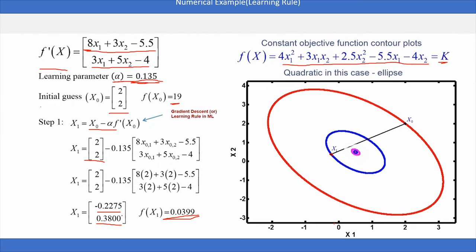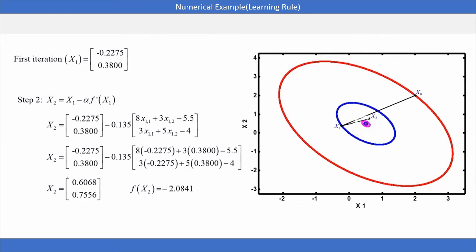For that, my next coordinate will be the same as I considered in the previous one: minus 0.2275 and 0.380. Now I am going to repeat this process.